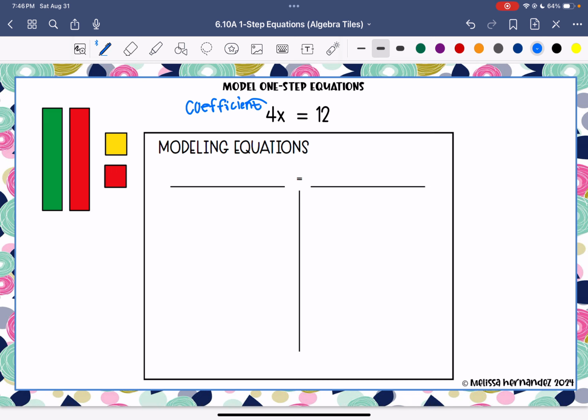I think if you're in my class, I use vocabulary cards. I start introducing it at entrance tickets, and that's one that stumps everybody. X is your variable. Okay, and then 12 is your constant. Constant means just a number that stands alone.